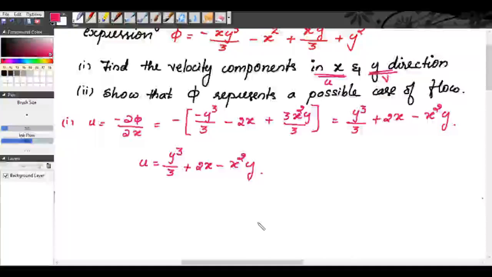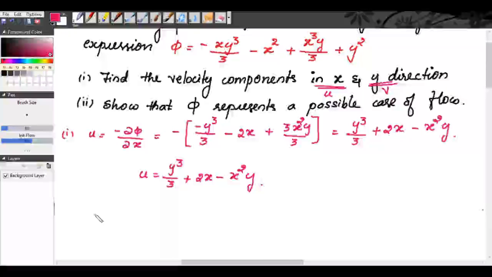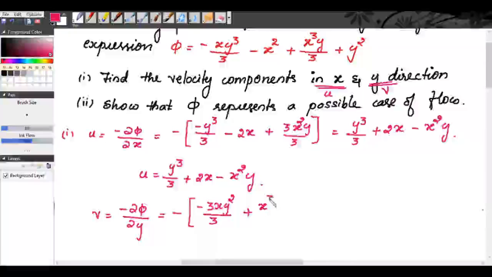Now velocity component in y direction. That is v is equal to minus dou phi by dou y. So we will differentiate this. It is minus 3xy square by 3. We don't have a y term here, so it is 0. Here it is plus x cube by 3 plus 2y.